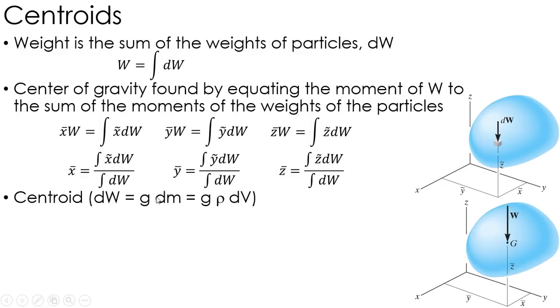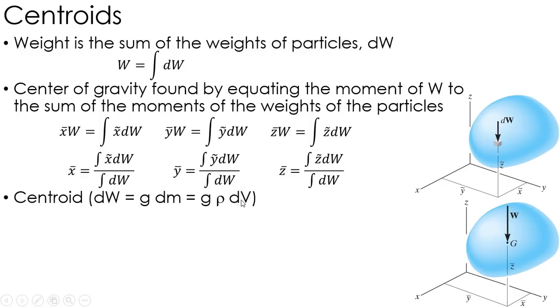Then I can convert that to an infinitesimal volume, which I can measure using rulers, by taking rho, the density, times the volume. Assuming my object is homogeneous, having the same density throughout, both g and rho come out of the integral, and I'm left with dV within the integral.